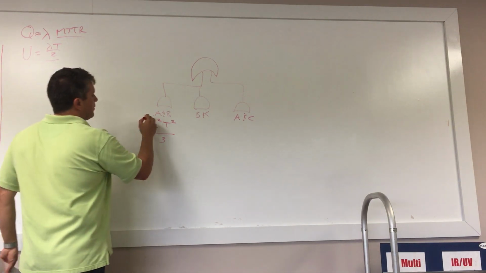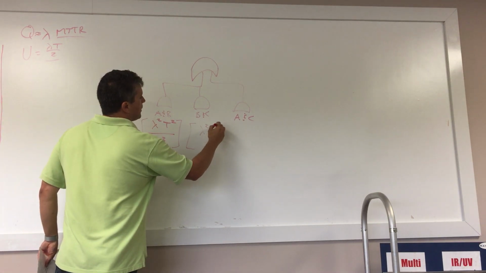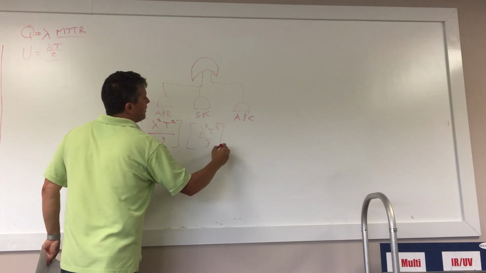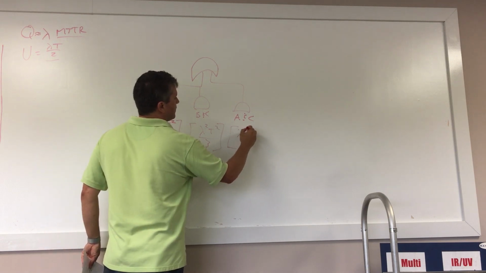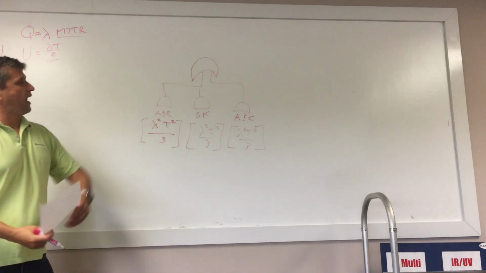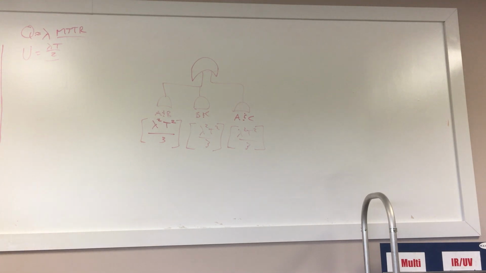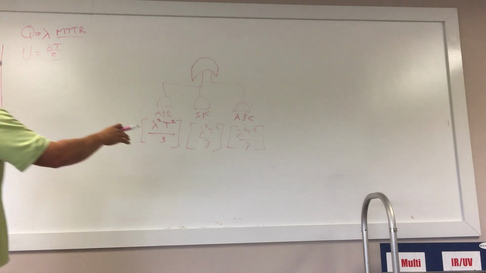Now, this is lambda squared t squared over 3, and this, and this. I have an OR gate. What did we learn about OR gates? When we're doing probability addition, we don't need to worry about our average before logic, average after logic. We simply do the addition.